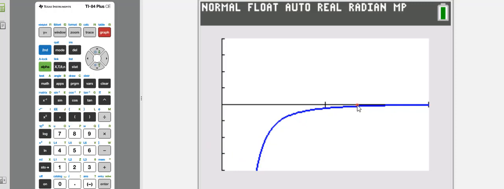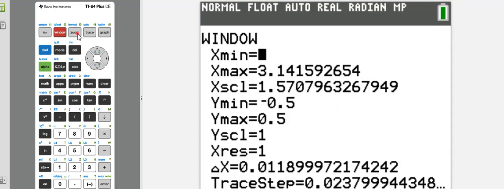Now when you graph it, it doesn't look like there is an x-intercept. Let's change your window. Let's change y minimum to negative 0.1 and y maximum to 0.1 and see what happens.